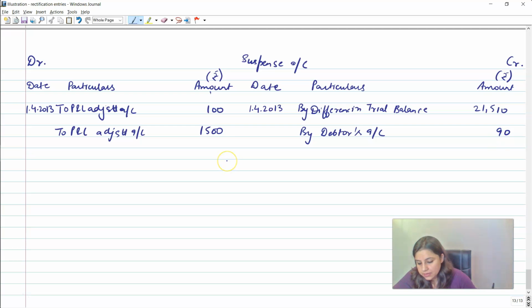Then again, suspense account was debited as the sales account has been undercast. So therefore, reducing that difference to P&L adjustment account, 10,000.